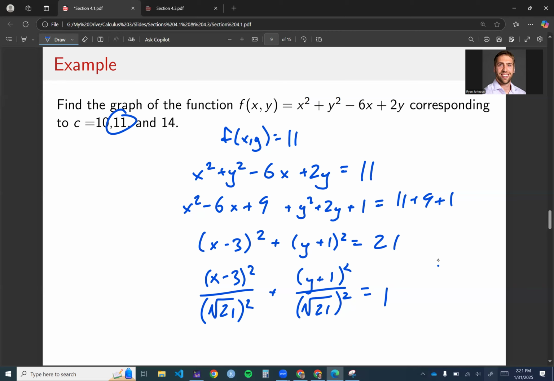So imagine a parabola where, so let's add 10. So imagine a parabola that, so if you go over x positive 3, y positive 1, and then you go down 10, I think.